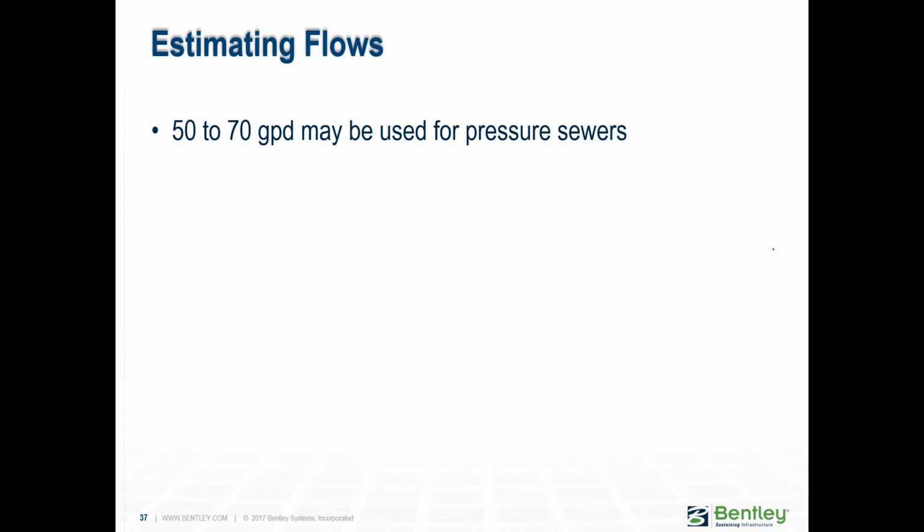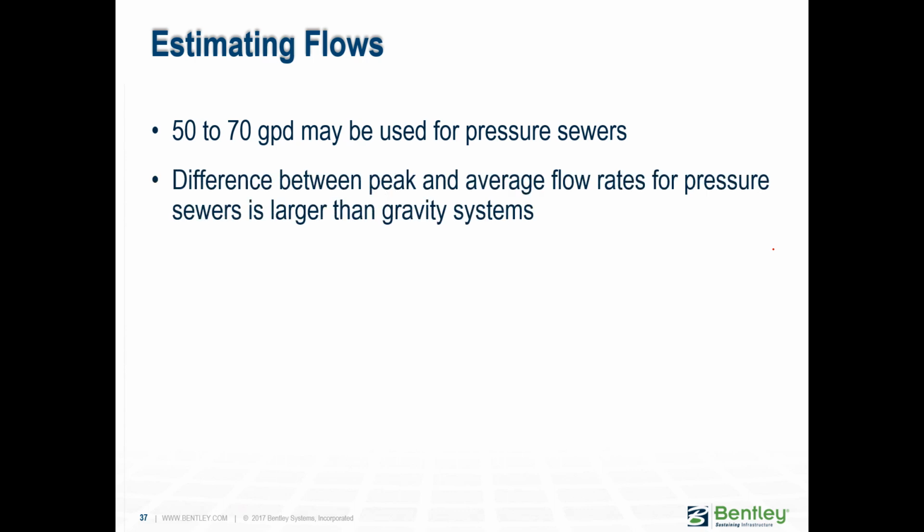Okay, so if you're doing that, how do you estimate what kind of flows you're going to be seeing? Typically, 50 to 70 gallons per day are used. But again, it really depends, so take that with a grain of salt.